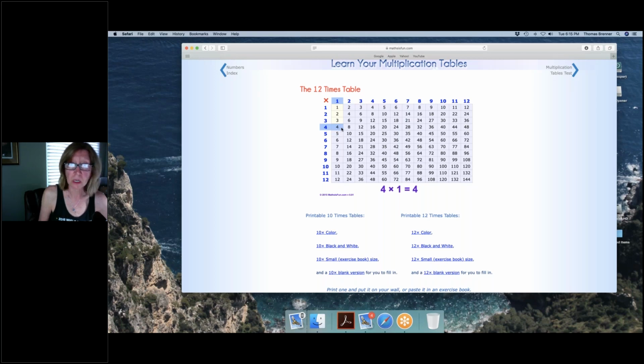Let's do another one. So 4 times 3 equals 12. So in this rule, multiplying by 4 is doubling twice. It would be 3 plus 3 is 6. 6 plus 6 equals 12.